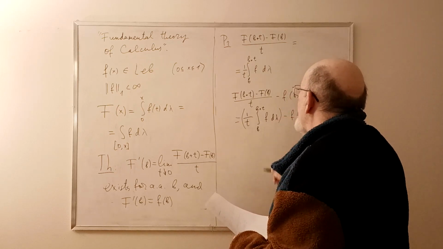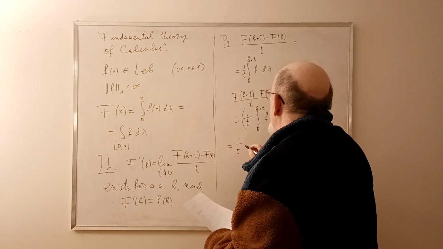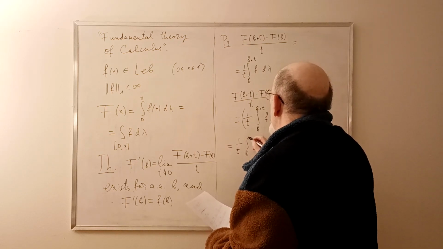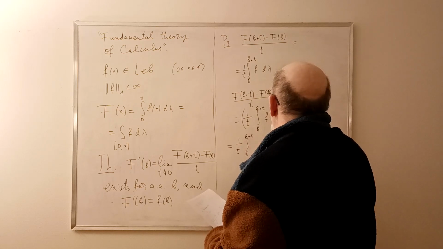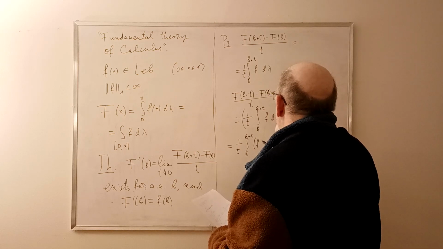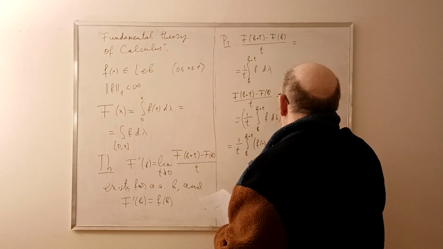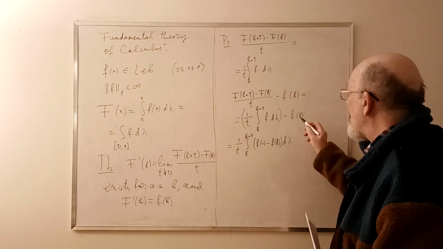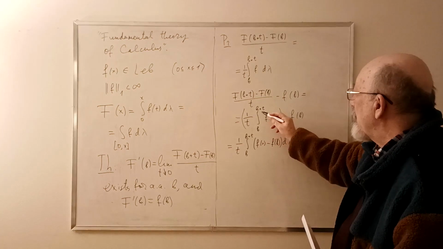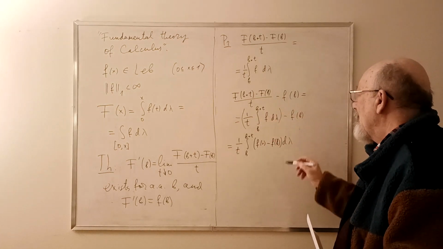Now we can put f of b under the integral: 1 over t integral from b to b plus t of f of x minus f of b d lambda. Because the integral of f of b from b to b plus t is exactly f of b times t, divided by t.